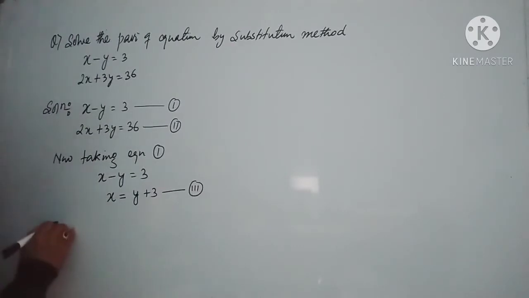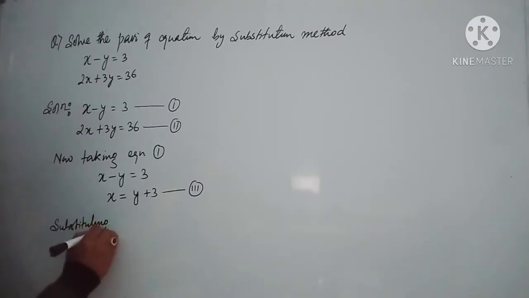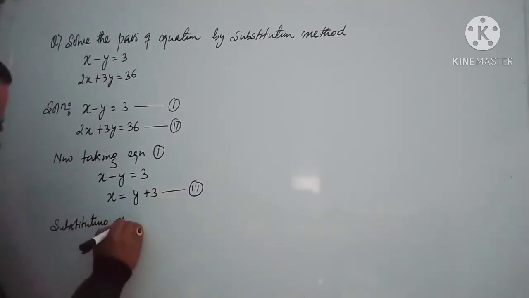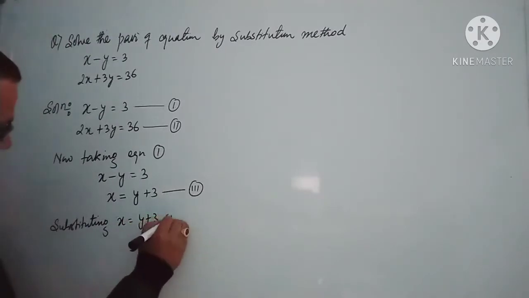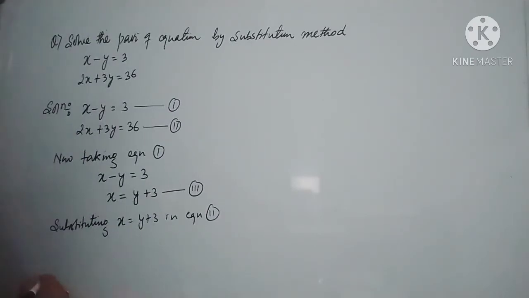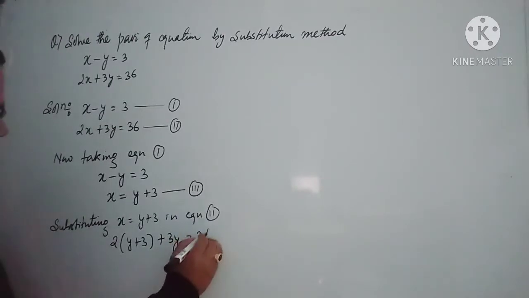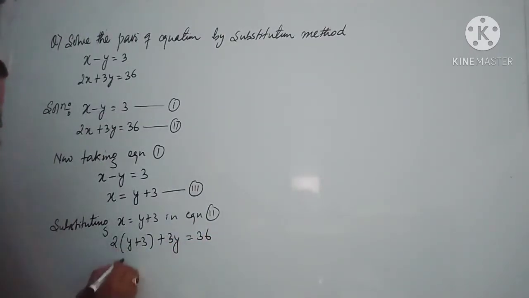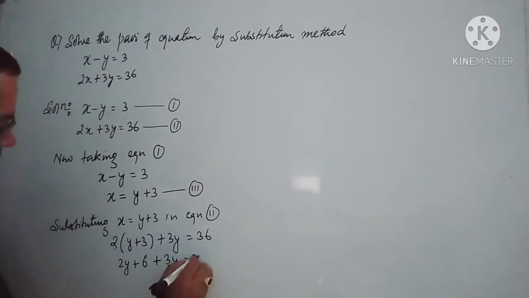Now substituting x equals y plus 3 in equation 2, instead of x we write y plus 3: 2 times y plus 3, plus 3y equals 36. Multiply 2 into y is 2y, plus 2 into 3 is 6, plus 3y equals 36.